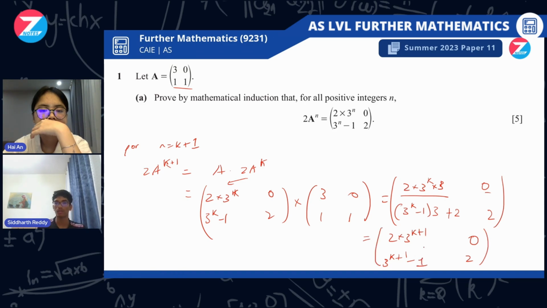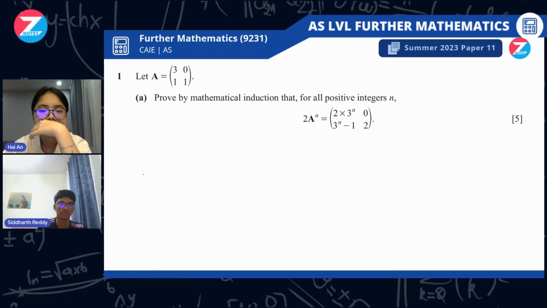So now what we notice is that this is what we get if we directly substitute k plus 1 into this formula, which is just (2 times 3 to the power k plus 1, 0; 3 to the power k plus 1 minus 1, and 2). So that means that it's true for n equal to k plus 1 as well.